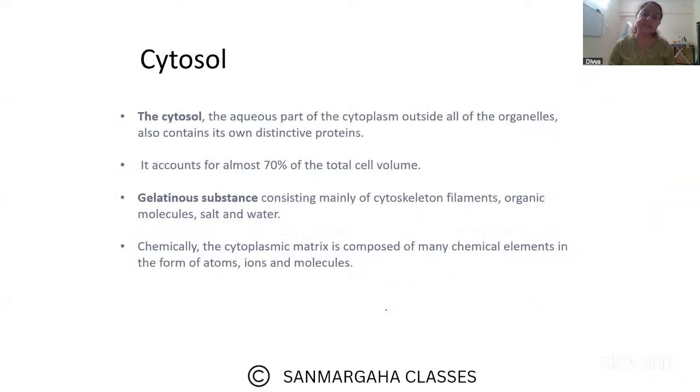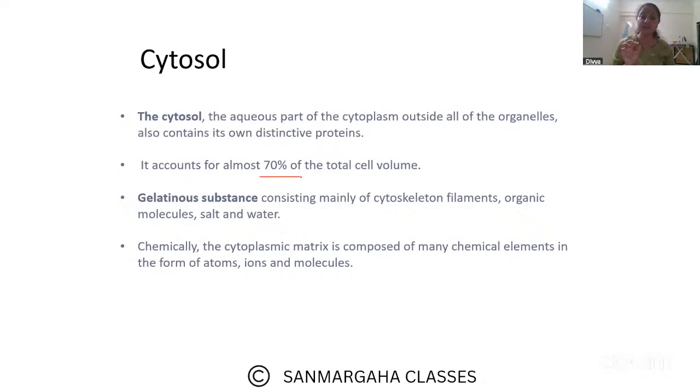So what is the cytosol? Cytosol is the aqueous part of the cytoplasm. Apart from the organelles, the liquid matrix found in the cytoplasm is the cytosol. It also has its own proteins, and it forms 70% of the total cell volume.